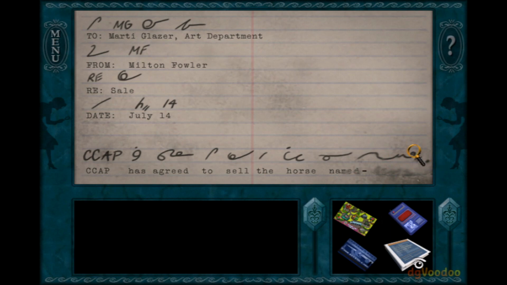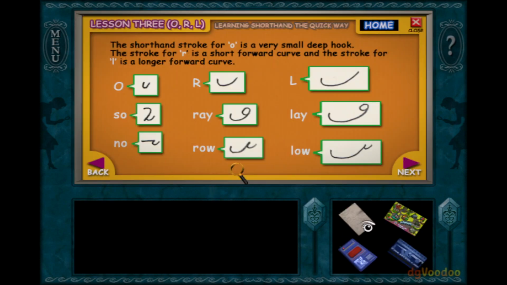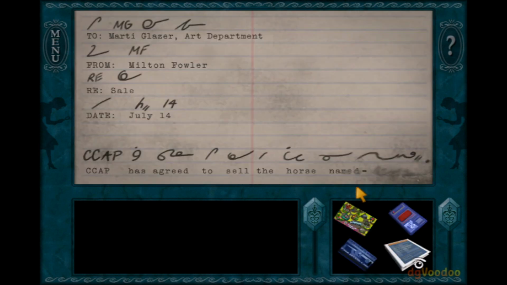And then we've got that. Low ray? I don't think it was that long. No, it was a shorter one and then that.